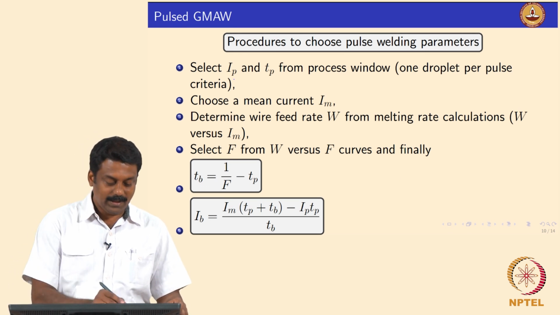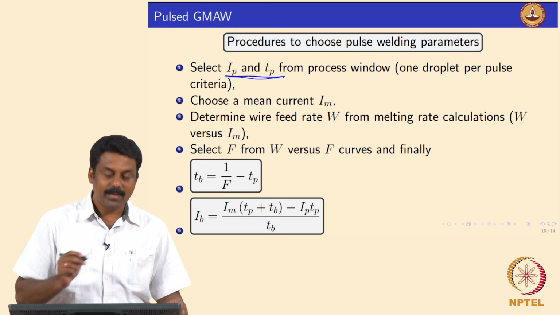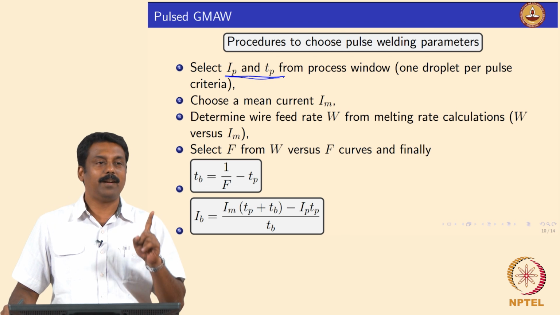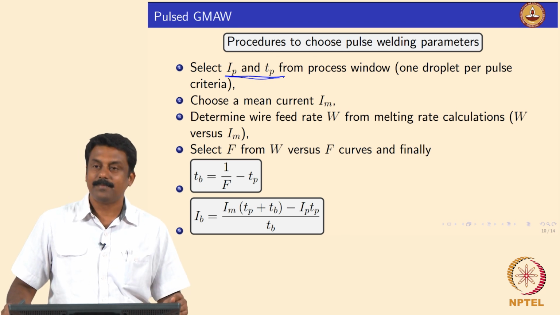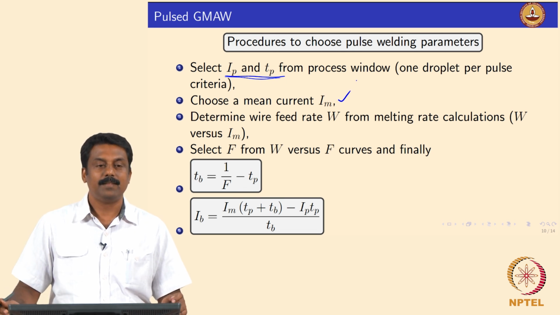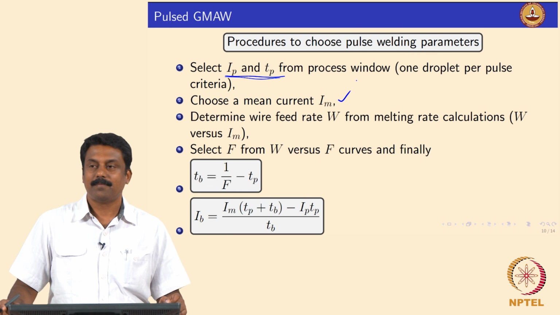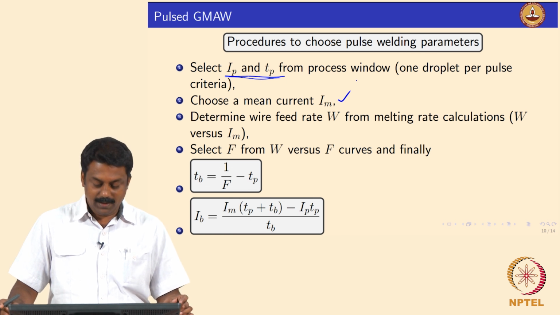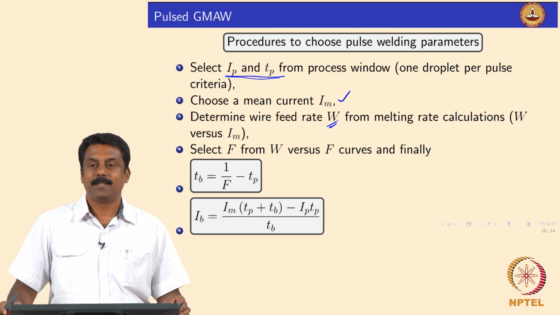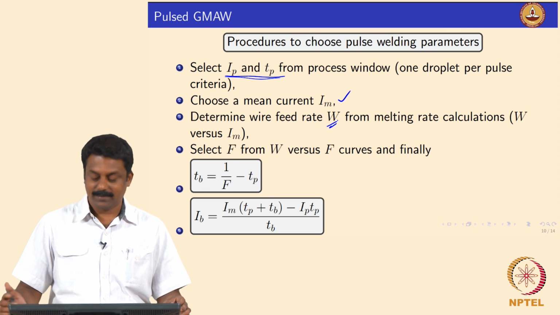First we need to get an IP and TP from the relationship, the process window. The condition is I need one droplet per pulse, and then you choose any mean current, I mean. Any I mean current, we can calculate the wire feed rate, isn't it. How do you calculate the wire feed rate?